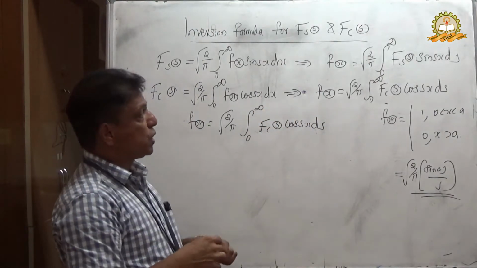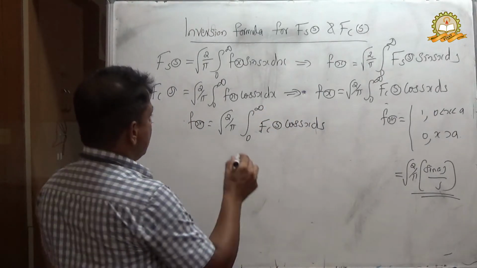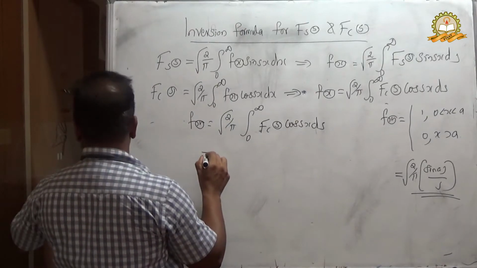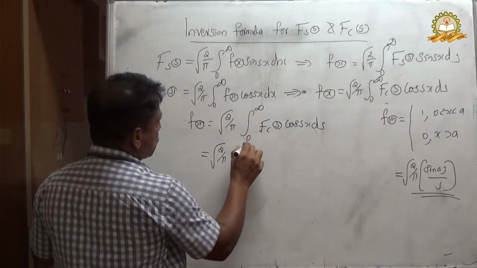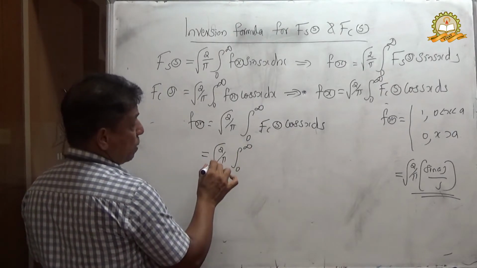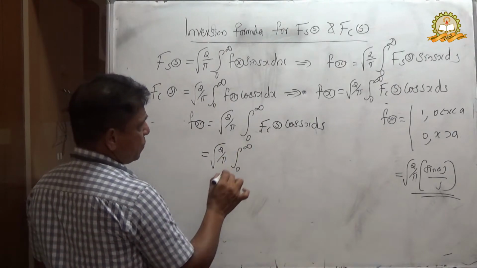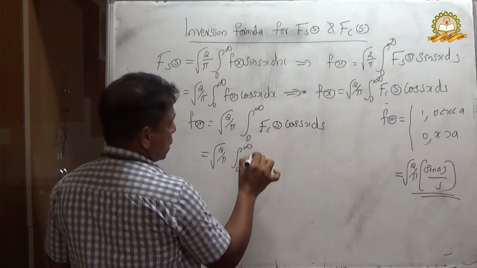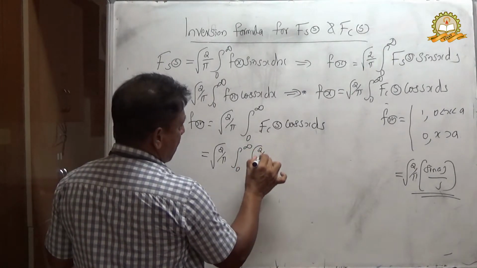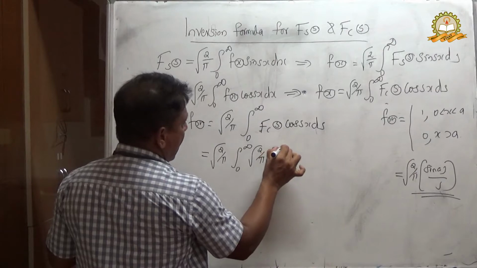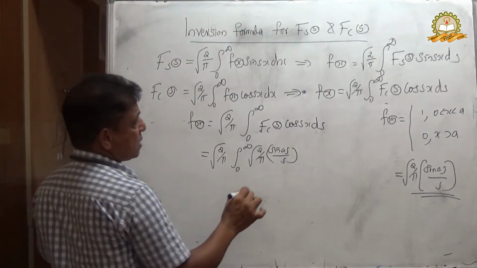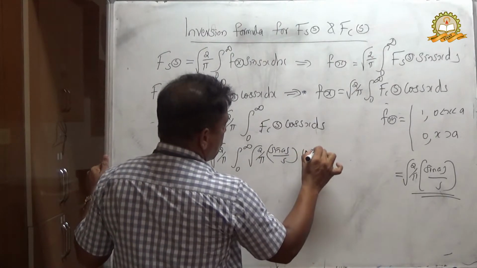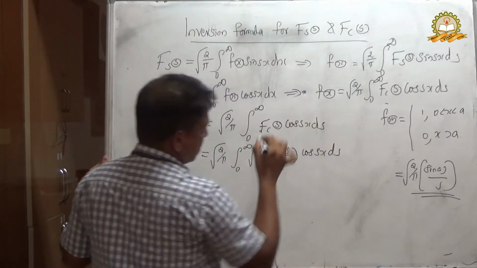Then we substitute the required result: root of 2 by pi integral 0 to infinity. Here FCS is equal to root of 2 by pi sin as by s, into cos sx ds.